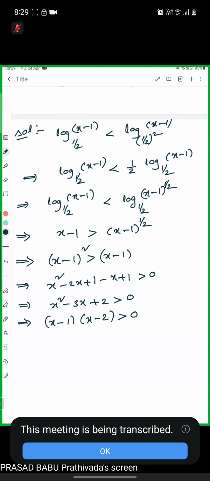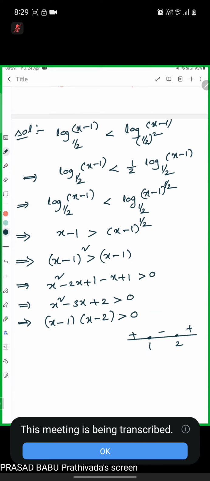Already it is positive. Equate each linear factor to 0: x values are 1 and 2. So start from extreme right with the plus sign and move towards left with alternate signs. Here we want the expression to be positive. So where is the plus sign? Minus infinity to 1 and 2 to infinity.